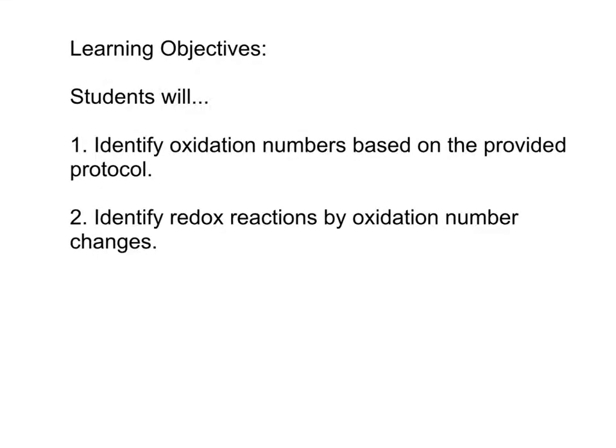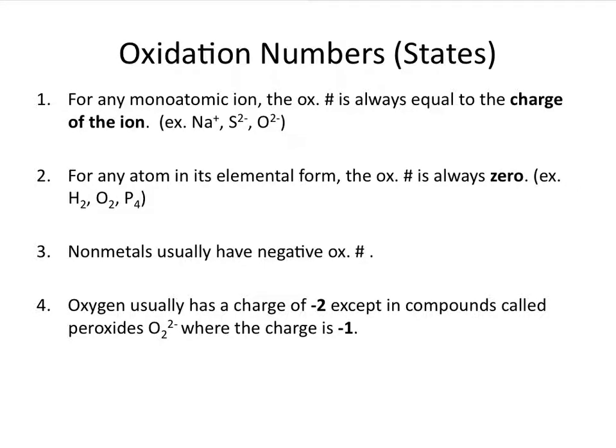The following lecture will allow you to identify oxidation numbers based on the provided protocol that follows, and you will be able to identify redox reactions by oxidation number changes. Before we get started with oxidation numbers, I want to make sure that everybody understands that oxidation numbers, except in a few specific situations, are just a series of imaginary numeric values that we assign to specific atoms and compounds.